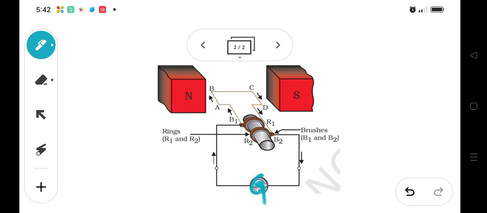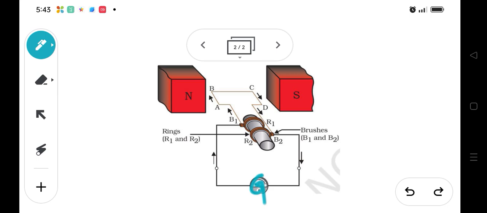For what are we using the galvanometer? We use the galvanometer to inspect the presence of current. Now we can go deep into the working of this generator.